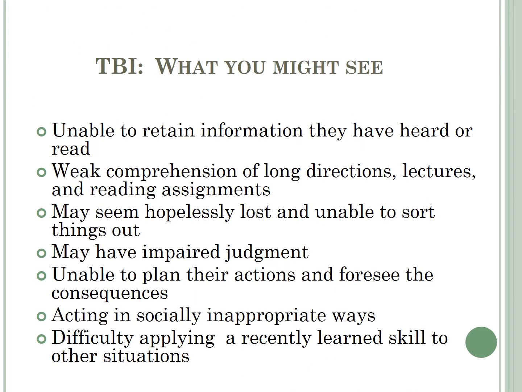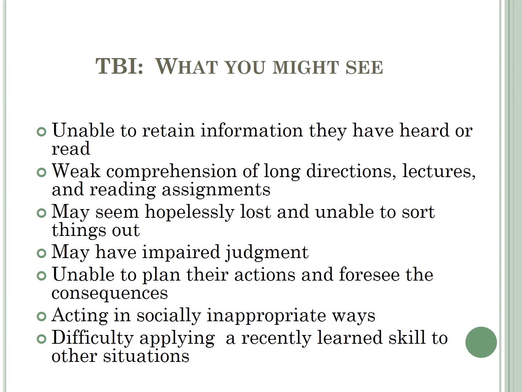What you might see with a person with traumatic brain injury: they are likely going to be unable to retain information that they may have heard or read, so they won't have the best long-term memory and probably not even the best short-term memory. They're going to likely have weak comprehension of long directions, lectures, and reading assignments. They may seem hopelessly lost and unable to sort things out.